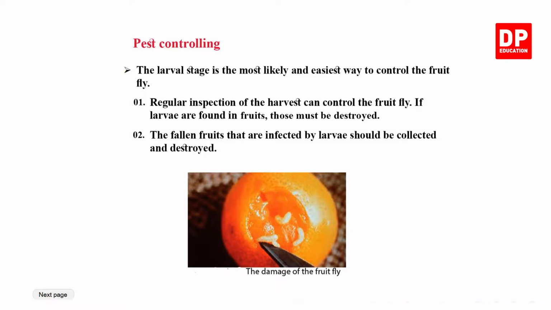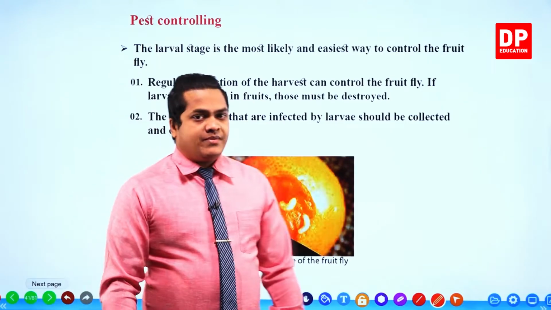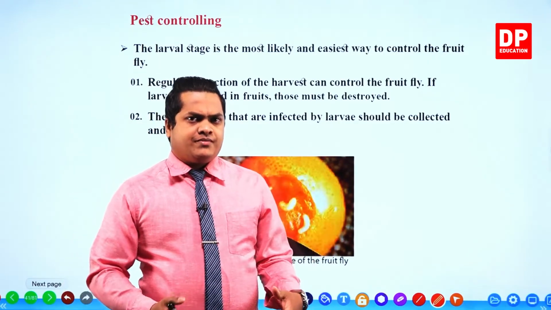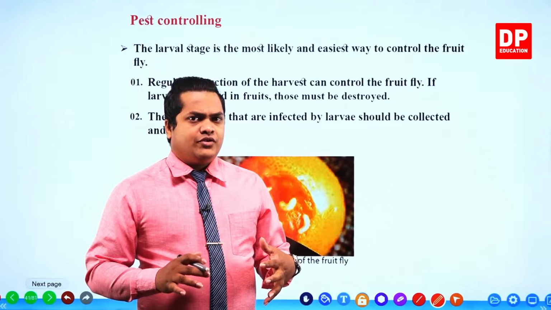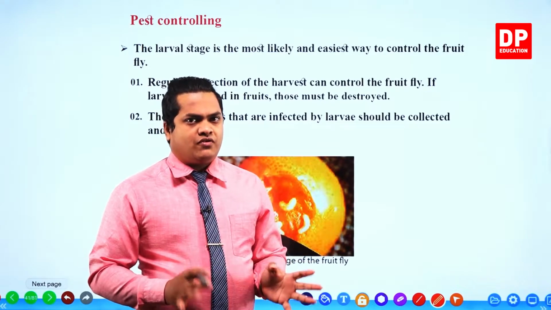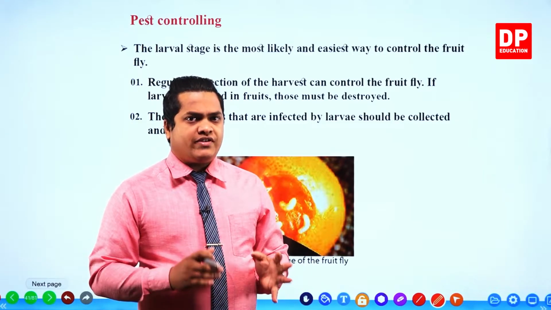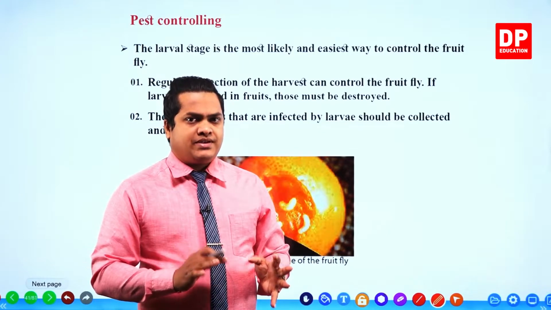So the larval stage is the most likely and easiest way to control the fruit fly. I told you, my dear children, that the larval stage is the sensitive stage of the fruit fly, and it is the easiest way of getting rid of these pests.